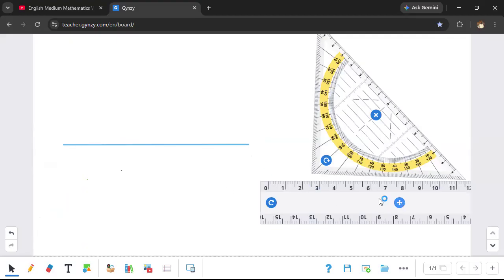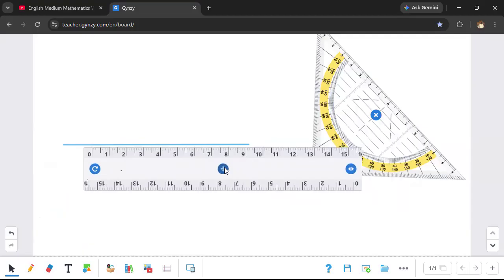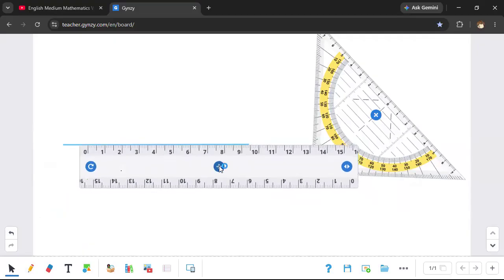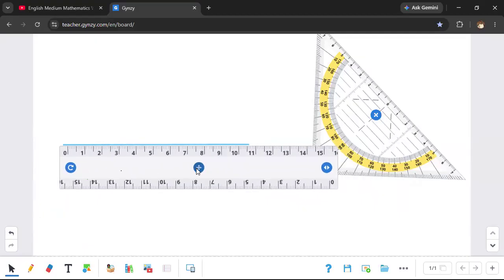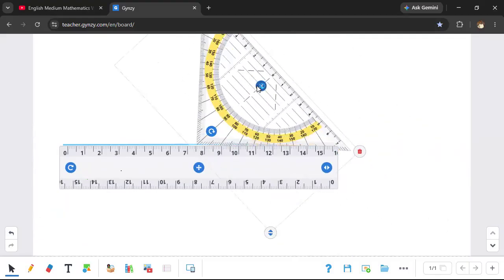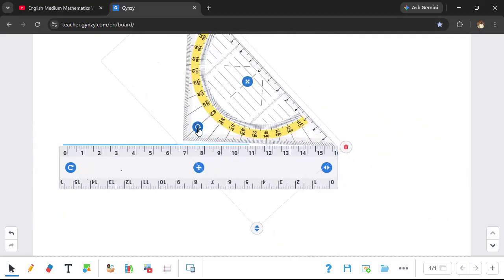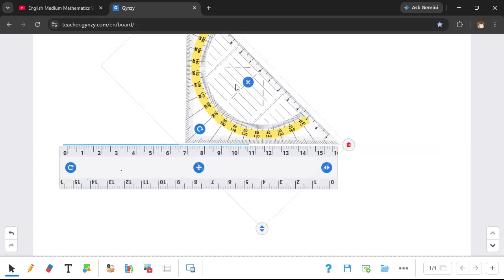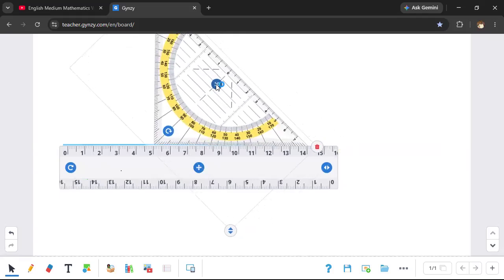So I will place my ruler here along this line, and I will align my set ruler exactly on top of my ruler.